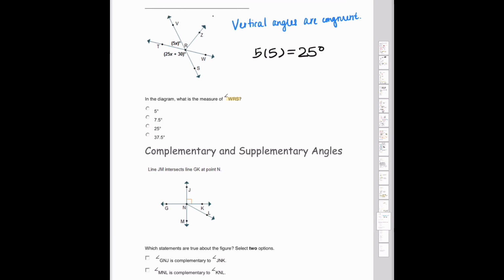Well, if we know that this angle is equal to 25 degrees, that is angle VRT, and we know that it's a vertical angle to WRS, well then we also know that WRS is also equal to 45 degrees because those two are vertical angles or opposite angles, and opposite and vertical angles are congruent, which means that our answer is C.